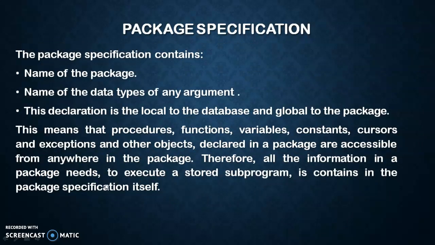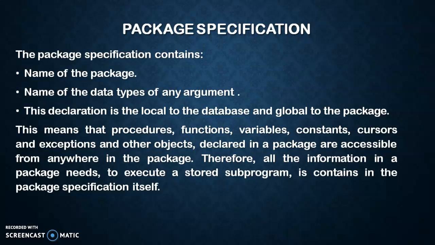The first part is the package specification part. The package specification is the interface to the package. It declares the types of variables, constants, exceptions, cursors and subprograms that can be referenced from outside the package.